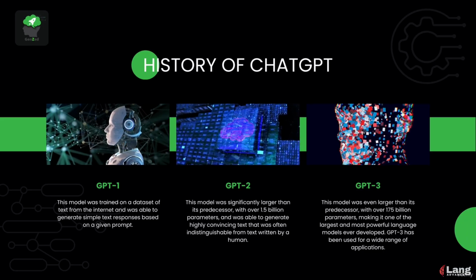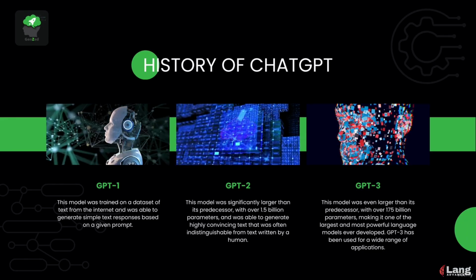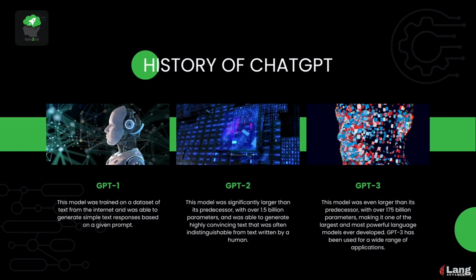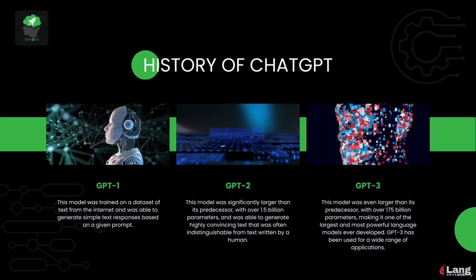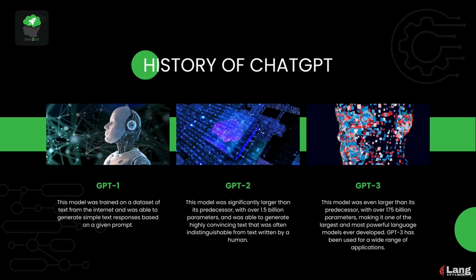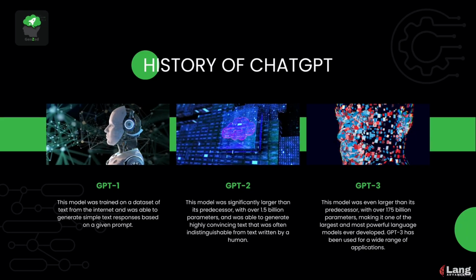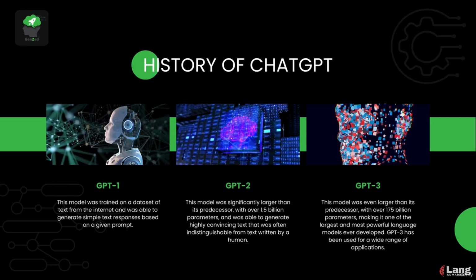And GPT-3 has been used for a wide range of applications, which we will cover in the next module itself. One of the most notable features of ChatGPT 3 is its ability to perform a wide range of language tasks, from simple text generation to more complex tasks like translation and summarization.